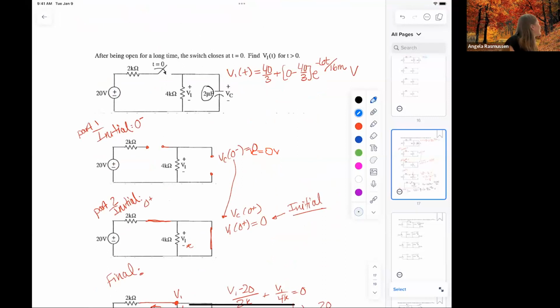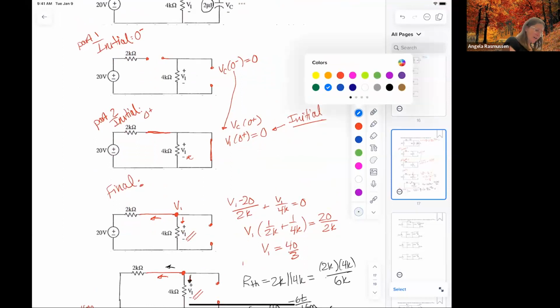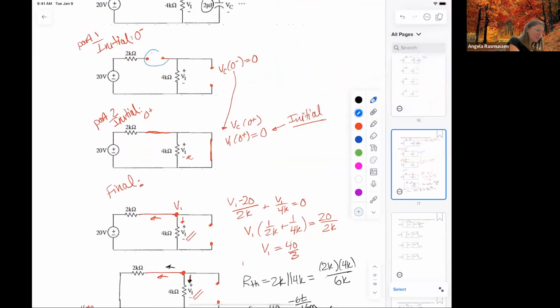Okay, so to solve this, you need to first find the initial circuit. So redraw it and determine what you're going to do with the switch and what you're doing with the element. You look at it right before the switch changes.